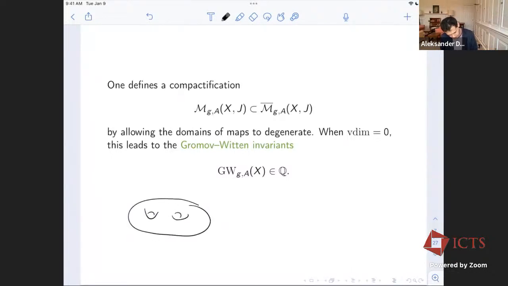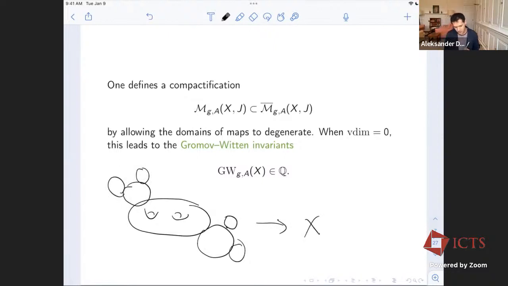So maybe you started with maps from smooth Riemann surfaces, but they could degenerate to maps from nodal Riemann surfaces, and you allow maps from surfaces like that to X, which satisfy the stability condition, and also that they are J-holomorphic on each component.